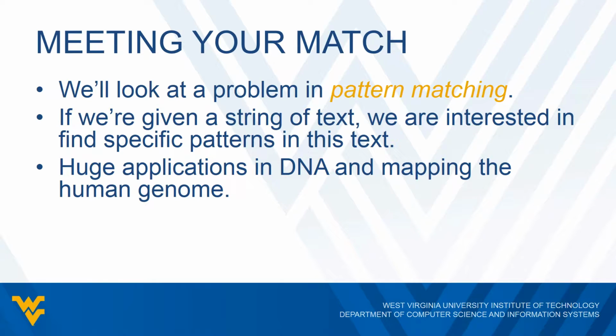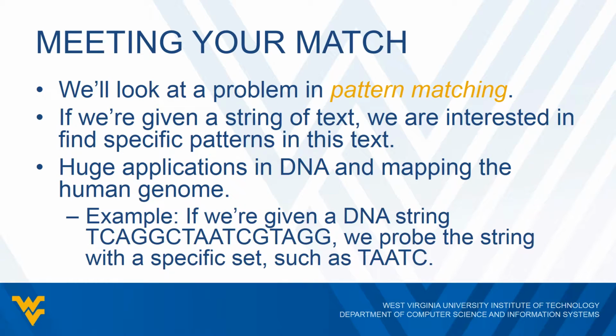So if we're given that DNA string, we can look for specific sets. For example, here, if we're given a DNA string TCAGGCTAATCGTAGG, I'm not going to try to repeat that again. If you have that entire DNA string, we can try to probe the string to find a specific set. So maybe we're looking for something like TAATC.